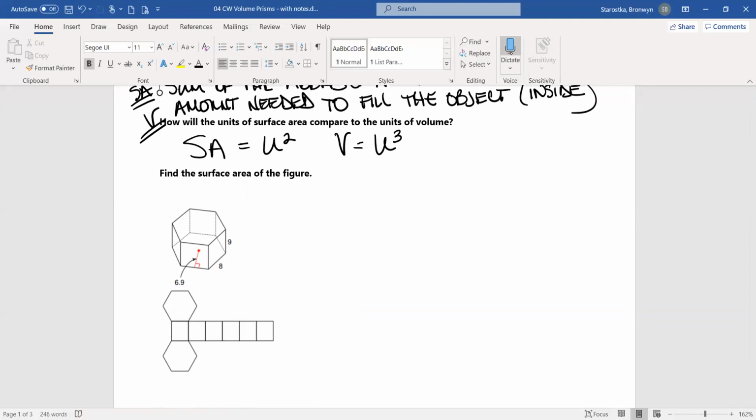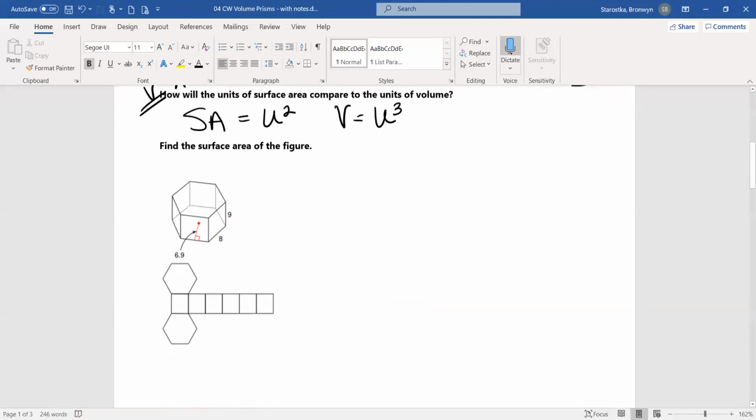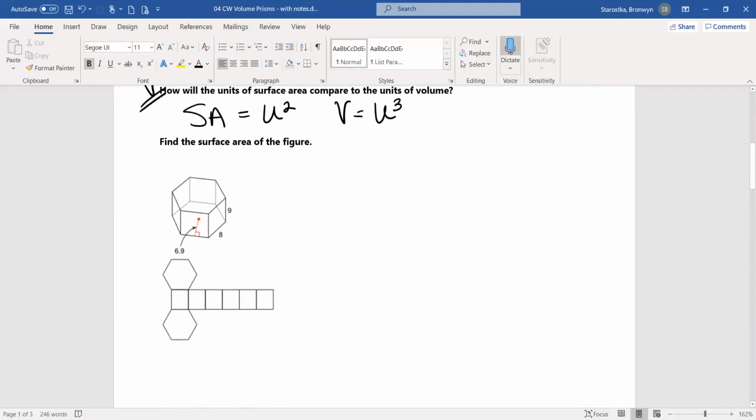All right, this is a prior knowledge problem. So we want to find the surface area of this figure. And notice that they gave us the apothem.